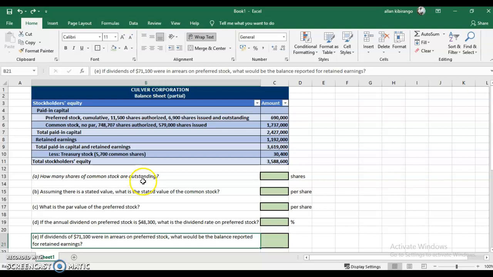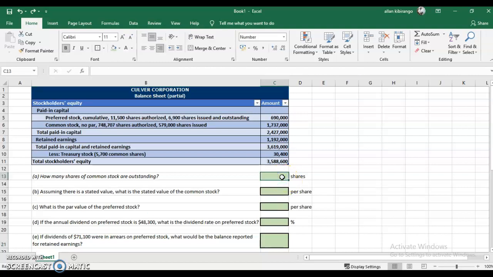Okay, so now let's go to the first question that says, how many shares of common stock are outstanding? So whatever you're going to get are the outstanding common stock shares. The formula I used, I considered the number of common shares issued minus the number of treasury shares.